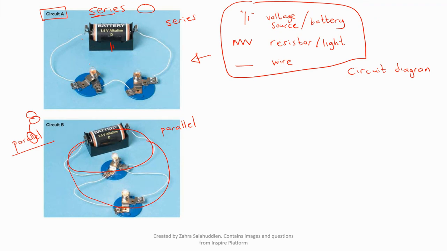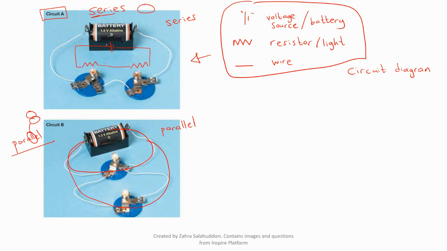And where I see the bulb, I will put a zigzag. So over here we can see we have one zigzag shape, another zigzag shape. Okay, so now I'm going to connect it with the wire. And remember I said we like it to be a box shape. We want it to be nice and straight. And there is my circuit.